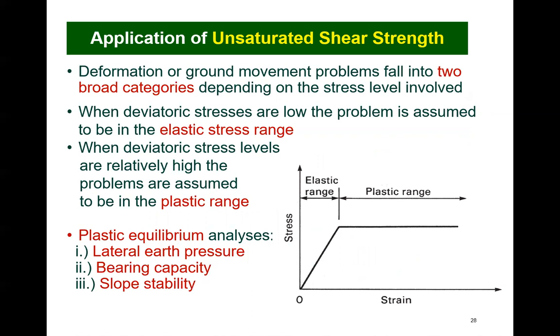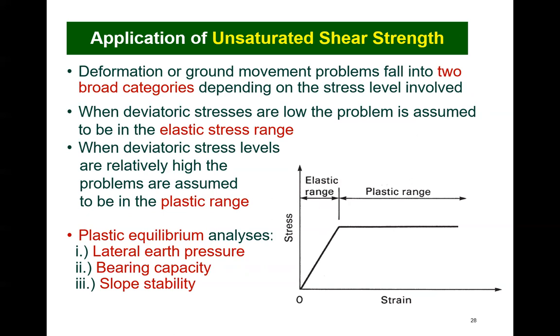Deformation or ground movement problems fall into two broad categories, depending on the stress level involved. When deviator stresses are low, the problem is assumed to be in the elastic stress range. When deviator stresses are relatively high, the problems are assumed to be in the plastic range.